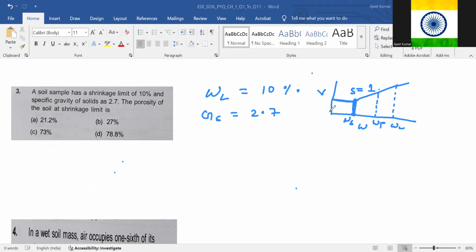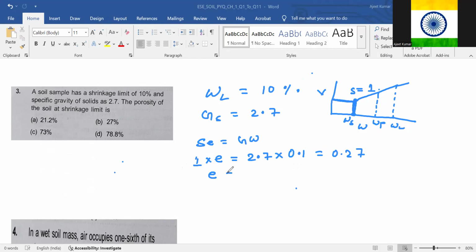So at shrinkage limit S is equal to 1, and using the well-known formula, S e is equal to G w. So S is equal to 1, e is equal to G w, which is 2.7 into 0.1, so this is 0.27. Now you have to calculate porosity.